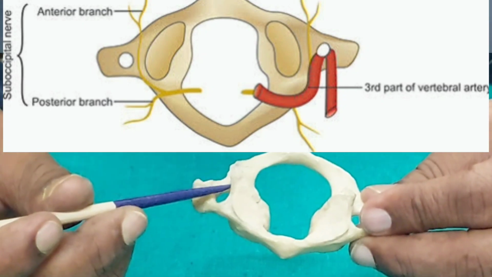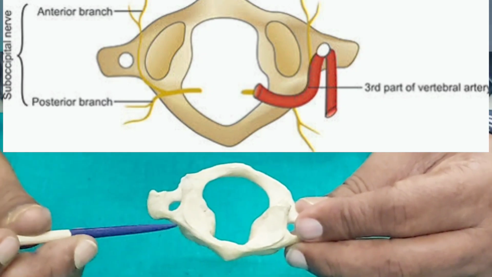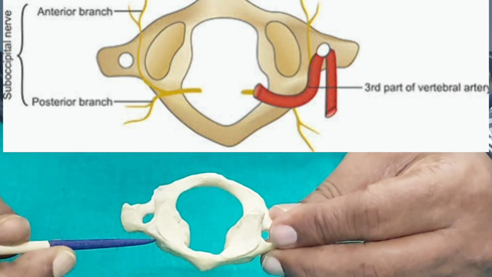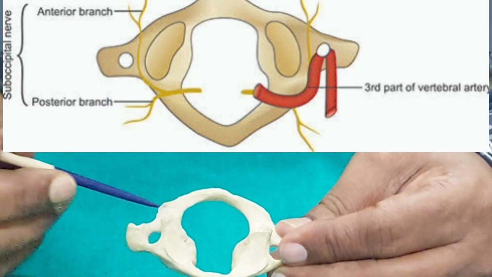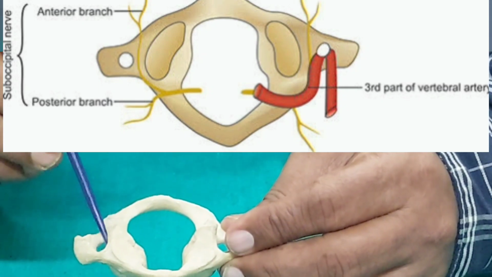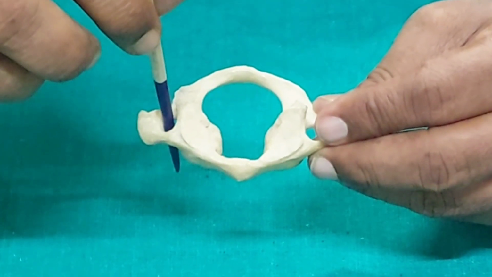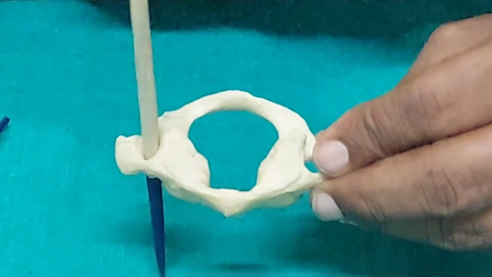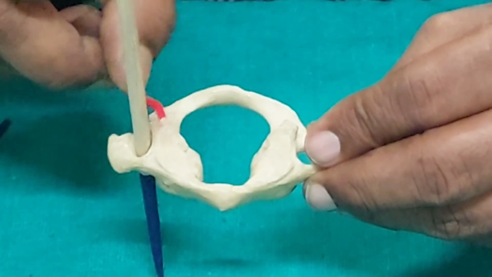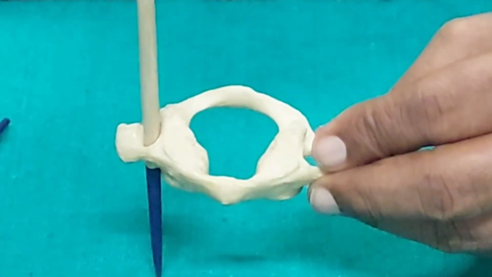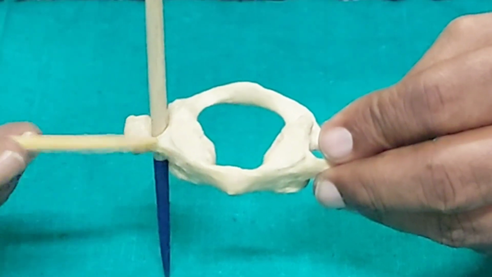So the anterior ramus passes this way, in front of this transverse process, and the posterior ramus this way, and here is the foramen transversarium. So here is the vertebral artery. The C1 nerve passes medial to this and in front of this anterior arch.